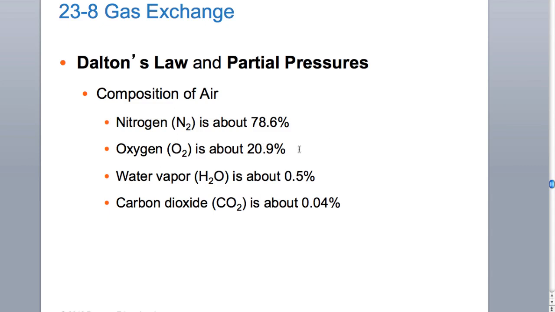And a percentage of 740 will, of course, be less than a percentage of 760. So does that mean that these things will be less in value as I go higher and higher in elevation? That's exactly what I'm saying. So if you went to Denver, Colorado at a high altitude, all of these values would be lower in terms of their partial pressures. Let's go to the next slide.